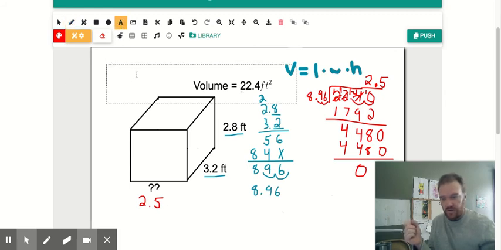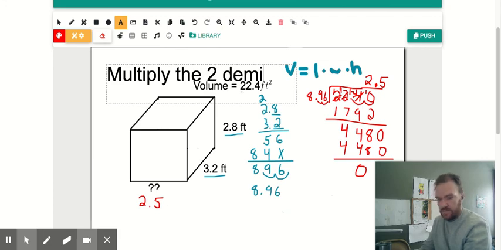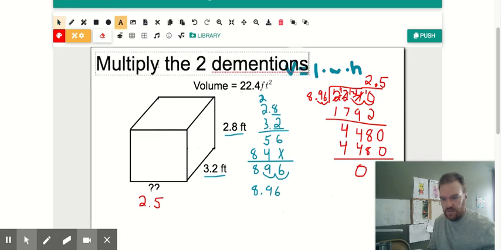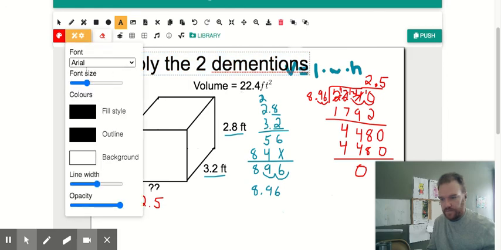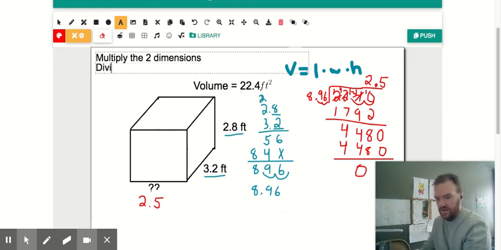So I'm going to write here: multiply the 2 dimensions, and then divide from the volume.